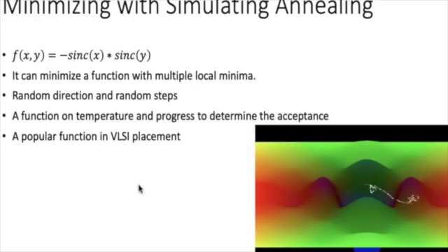This one is simulated annealing. I visualize this function. It has multiple local minima. The advantage of simulated annealing is that it can minimize functions with multiple local minima. It uses random directions and random steps.